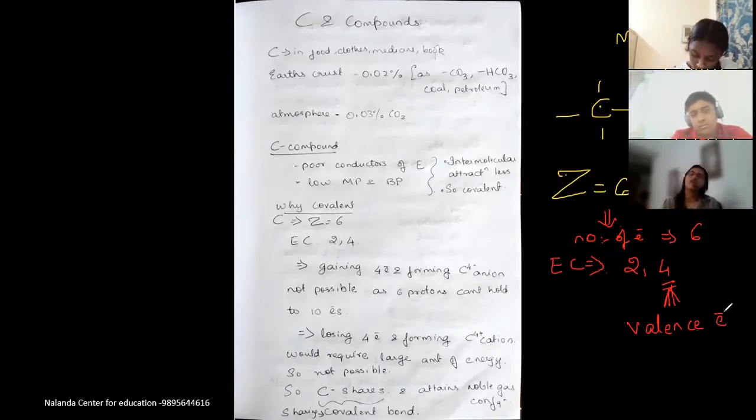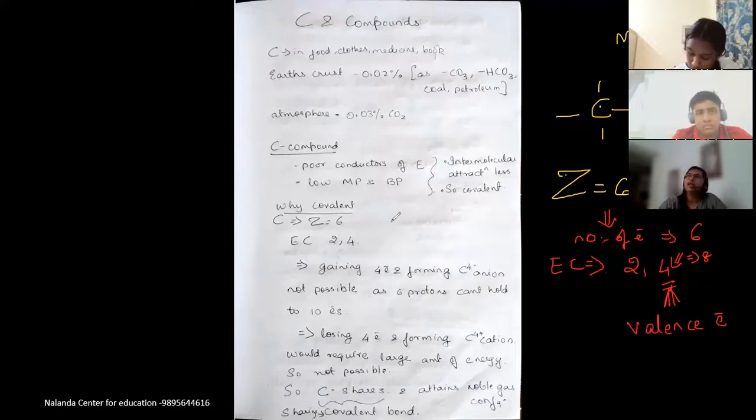Ladies and gentlemen, every atom has a goal of making itself a noble gas. How does every atom attain the property of the noble gas? Every atom tries to make the number of outermost electrons 8.